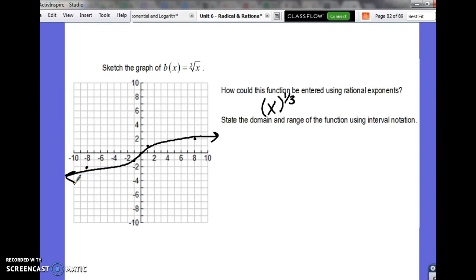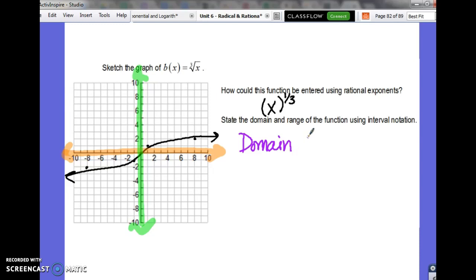So in terms of domain and range, the graph goes left and right forever. And even though it is slow, the graph will also go up and down forever. So when we state the domain, you can say that the domain is all real numbers. You can use your little R symbol.